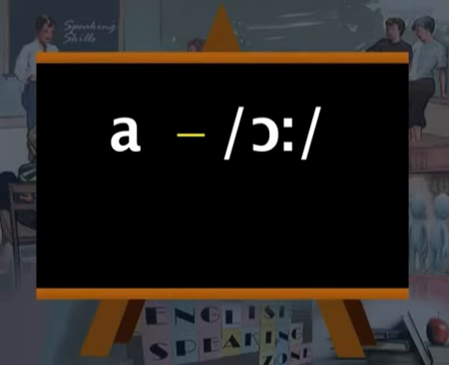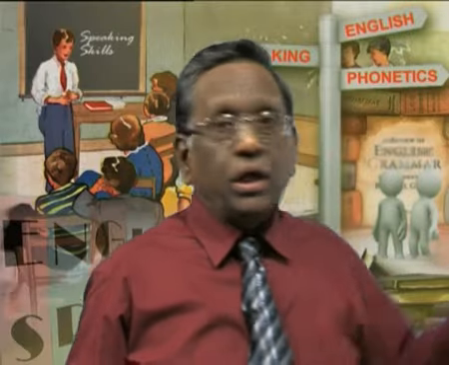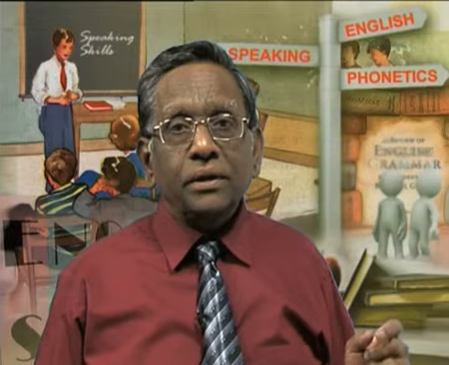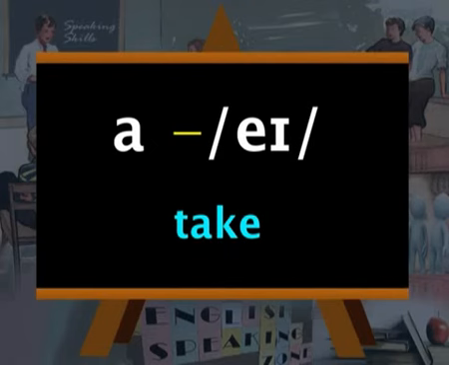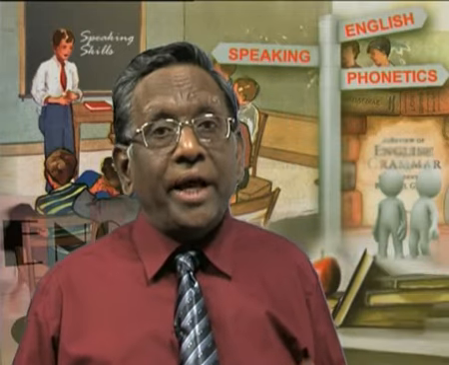And in a word like all, A-L-L, all, we have the sound O. And then if you take another word like take, T-A-K-E, take, this letter represents the sound A.